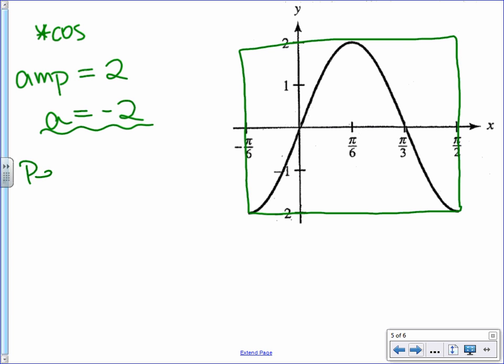Now, here's where it gets fun. Our period. Our frame begins at negative pi over 6 and it ends at pi over 2. What is that length? Seven pi over 6.